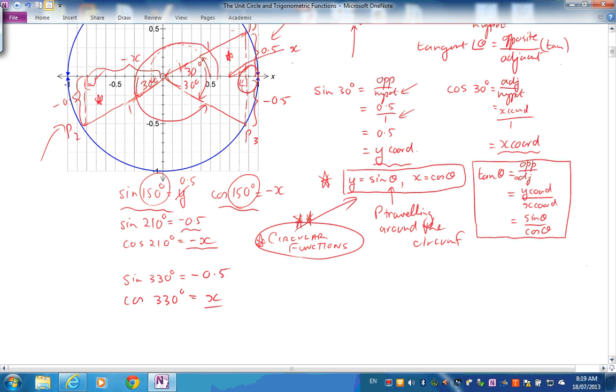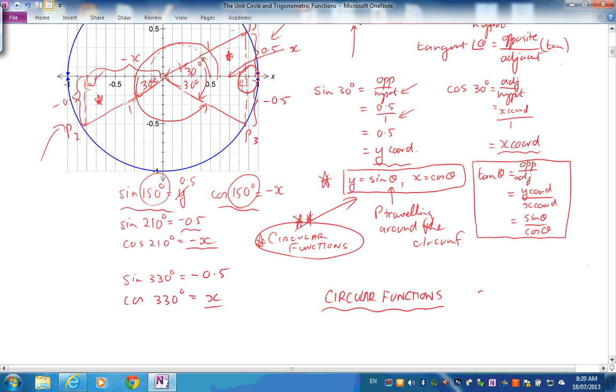What an explosion into circular functions! We can actually keep these sine, cos and tans going right around the circle. Okay, so circular functions now are the SOHCAHTOA stuff, the SOHCAHTOA sine, cos and tan extended to a circle.